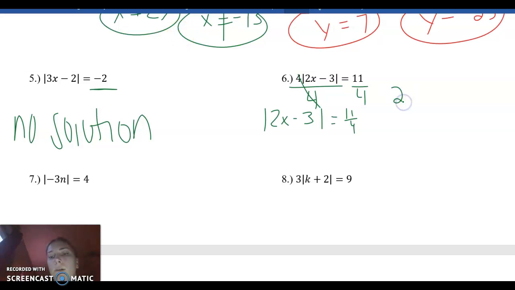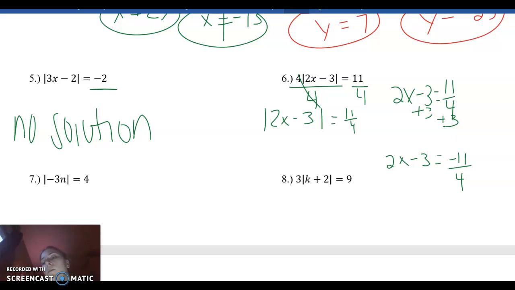We have 2x minus 3 is equal to 11 over 4, and we have 2x minus 3 is equal to negative 11 over 4. We can add 3 to both sides, and then once we add 3 to both sides, we also want to divide by 2.